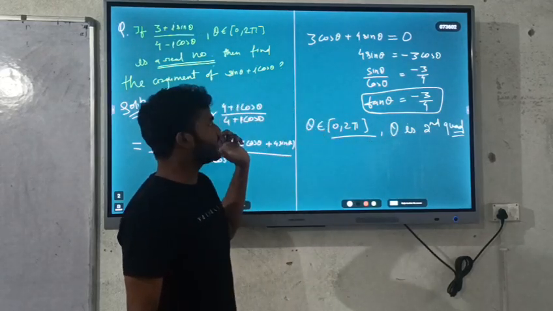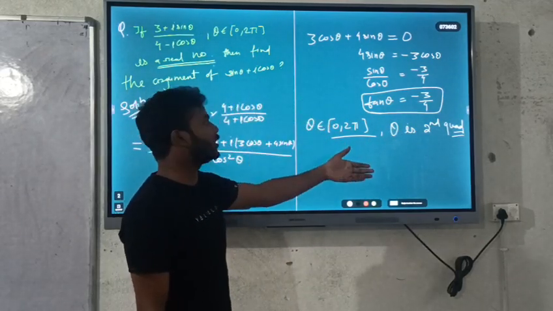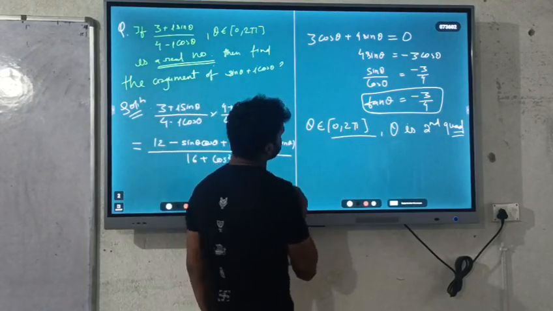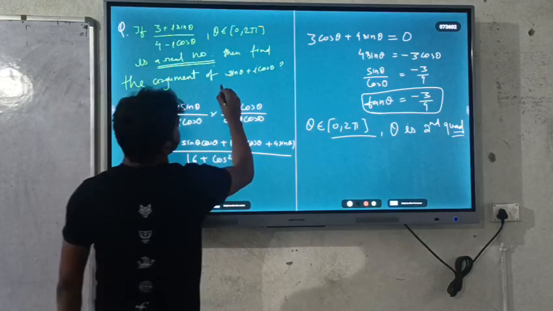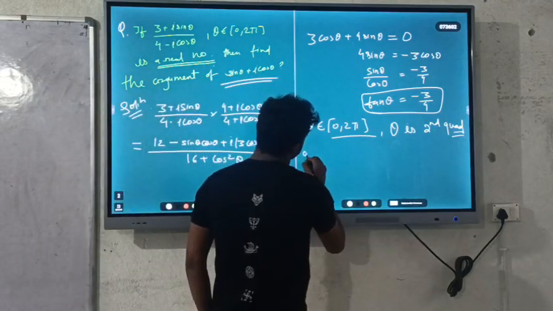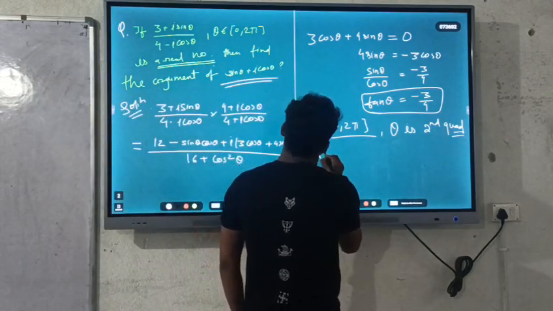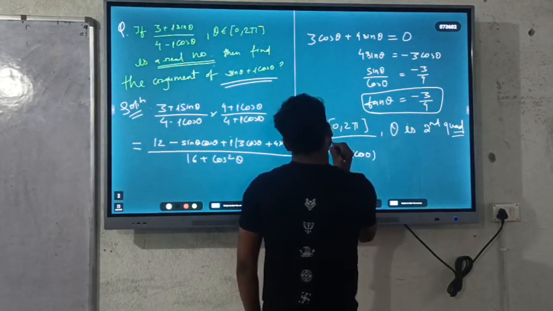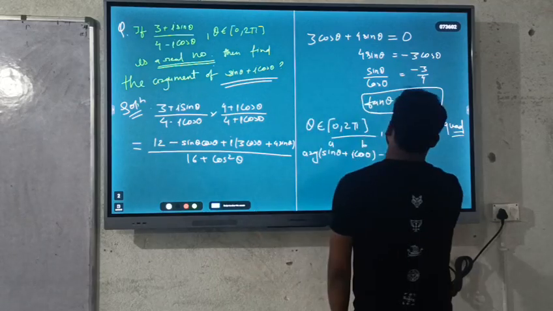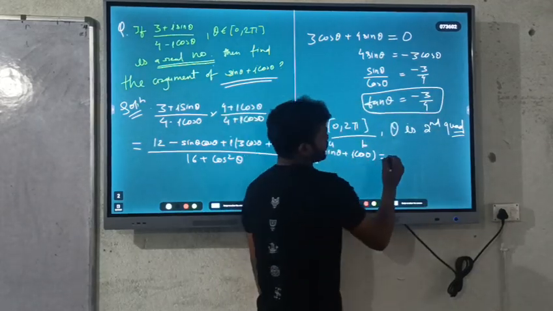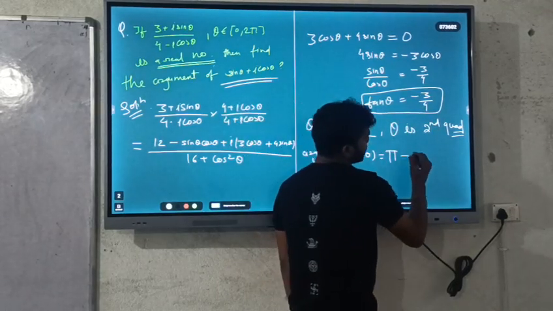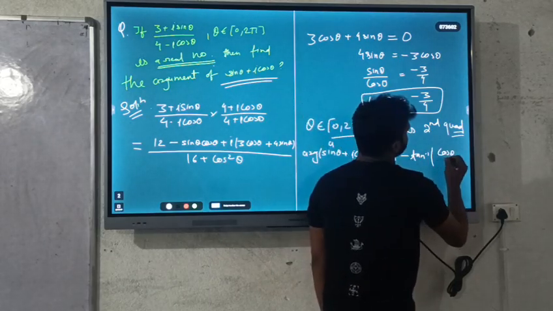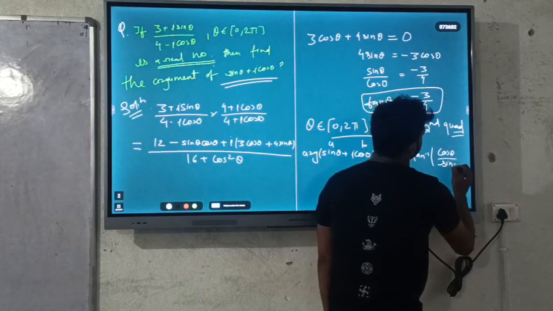So as I described earlier, how we can find the argument value in the second quadrant, so let's find it. So the argument value of this sin theta plus i cos theta, where this is A and this is B, is equal to, as it is in the second quadrant, we just subtract from pi minus tan inverse B by A, that is cos theta by sin theta.